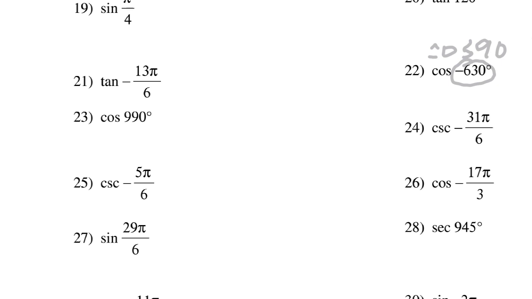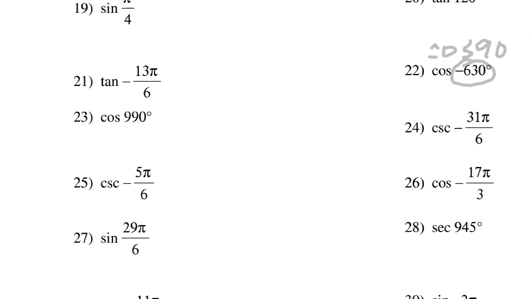Okay. These ones that are really big in radians, like 21, 24, I would change those to degrees probably. And then I would use my coterminal angle. So let me show you how I would do that one. So 21 says the tangent of negative 13 pi over 6.